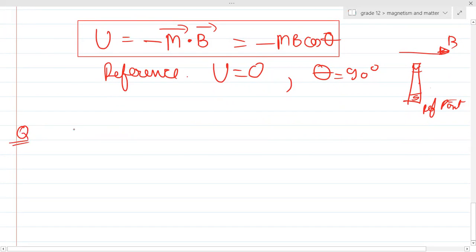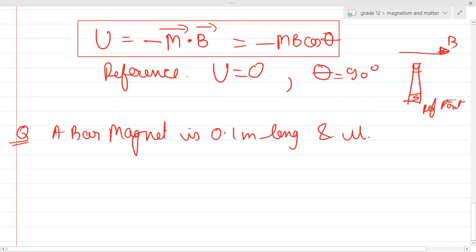The question is direct, I'll just write the statement. A bar magnet is 0.1 meter long and its pole strength is 12 ampere meter.